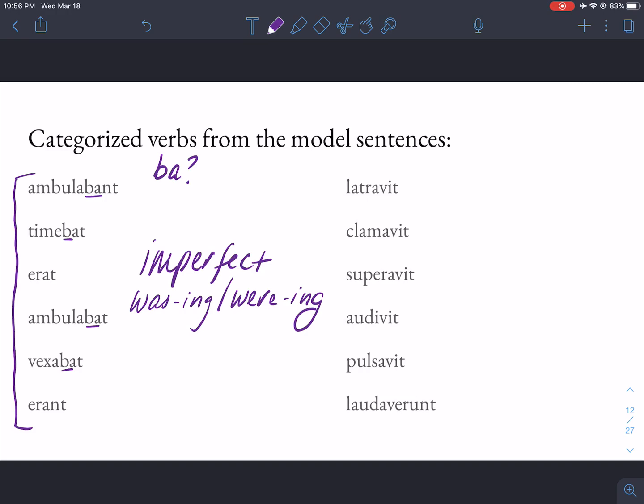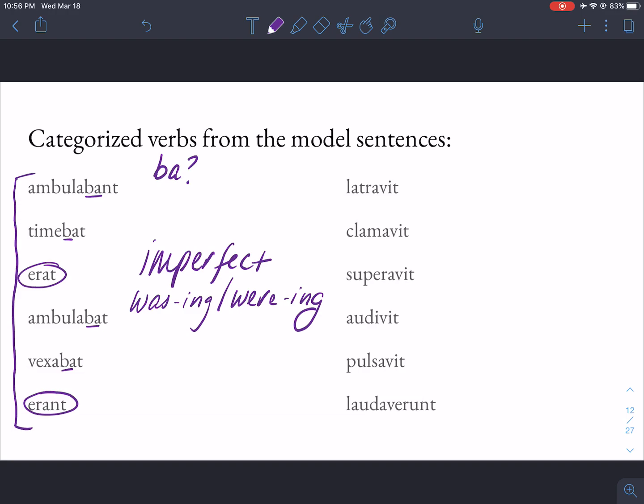All right, and ba is the tense marker for the imperfect tense. Erat and errant also happen to be imperfect, but that's just an irregular form of the word to be, sum, esse, fui, futurum, which I talked about at minor length yesterday.